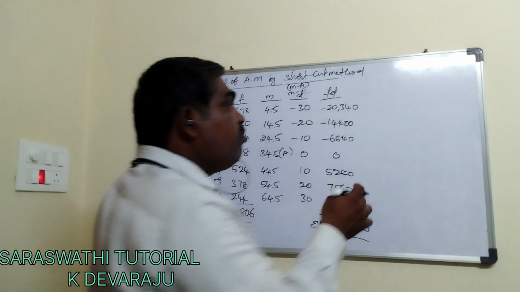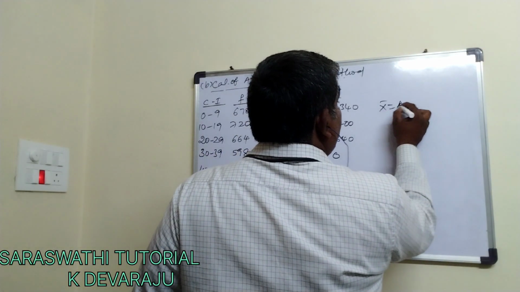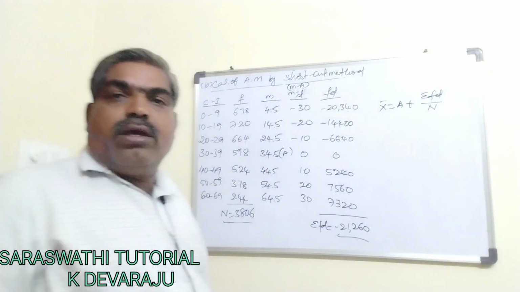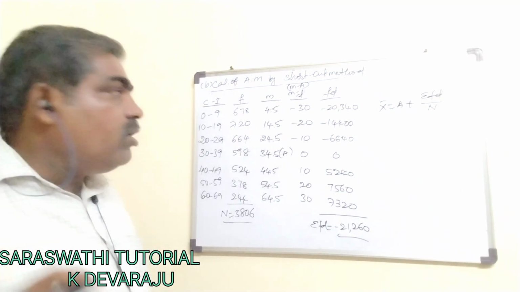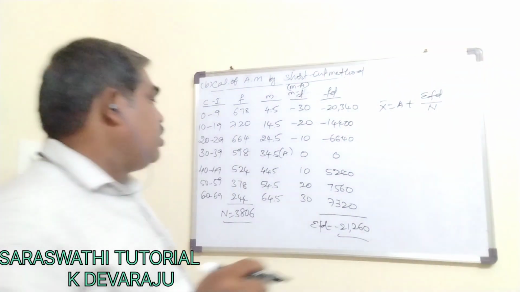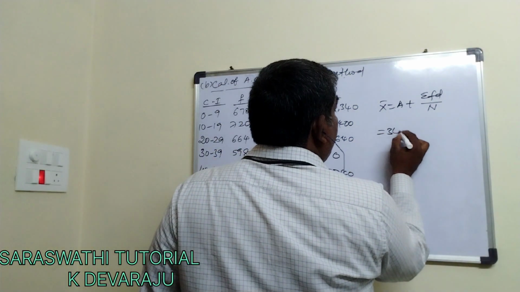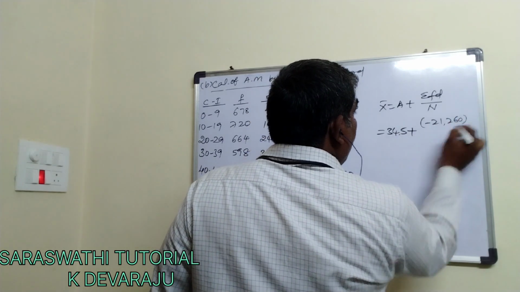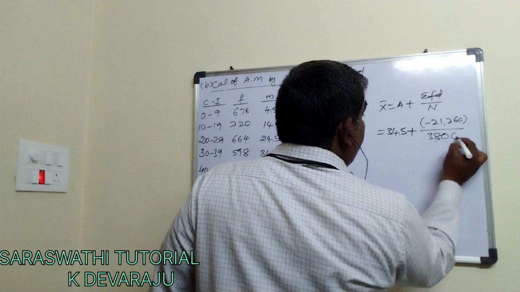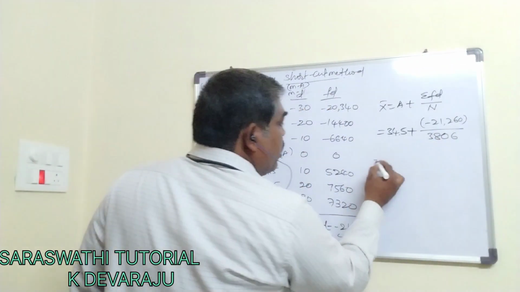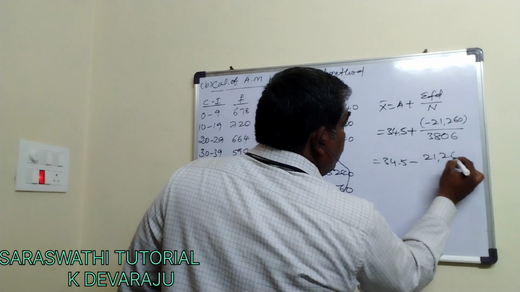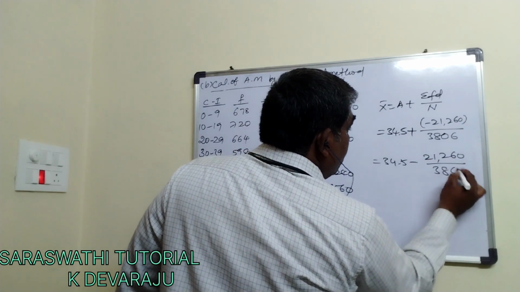Now the formula is x bar equals A plus summation FD by N. This is the formula for the continuous series shortcut method. A is 34.5 plus minus 21,260 by 3,806. Plus into minus is minus.